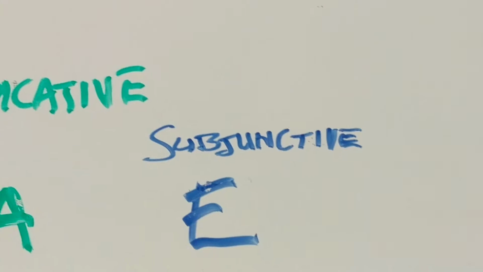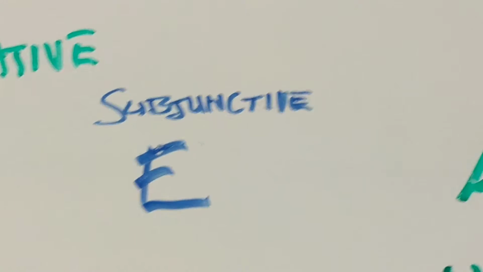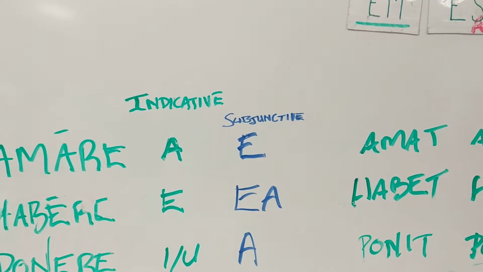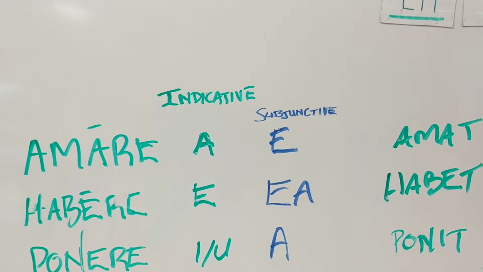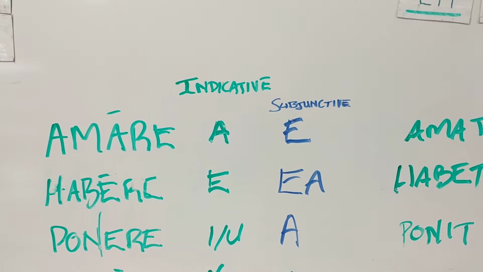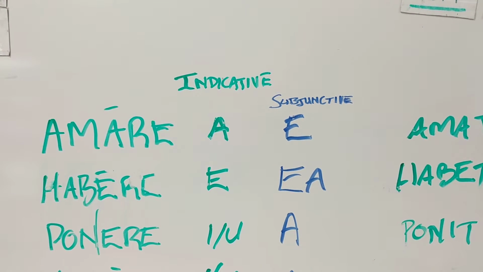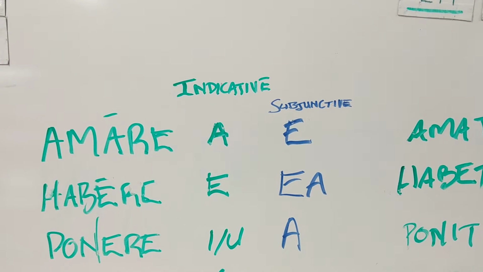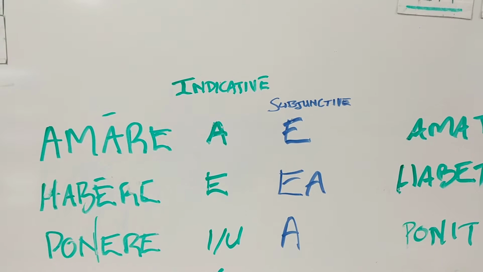But we need to know that in the present tense, to form the subjunctive, all Latin did, or does, is it switches out its primary vowel before the t, mus, tis, nt. And it will use an M. The subjunctive uses an M in the first person singular, whereas the indicative has an O. Amo, I love.